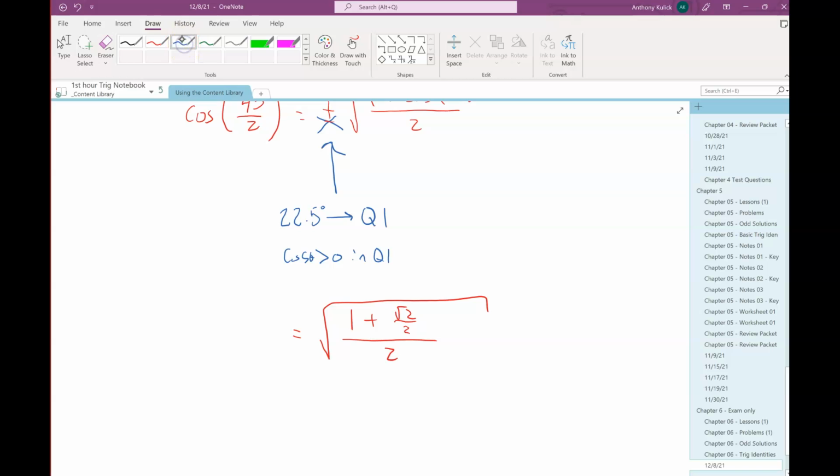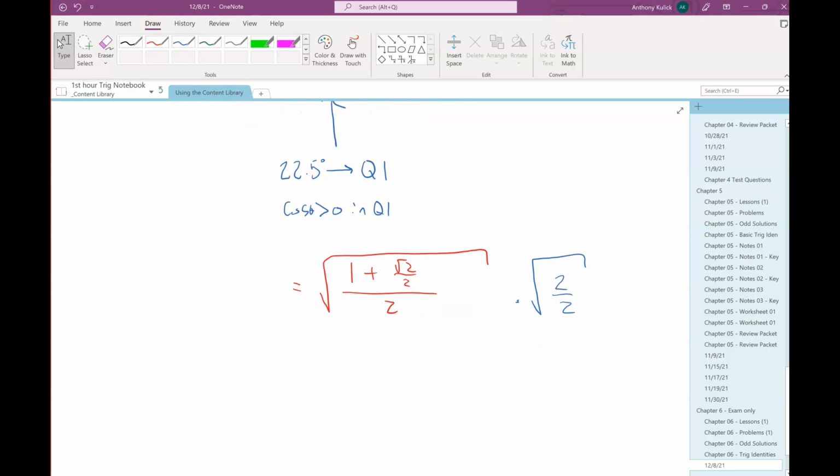The only issue I have here is the fraction inside of the fraction, right? What are we going to multiply the top and bottom of this by to get rid of that? 2 is close. It actually has to be square root of 2 over 2, because you can't multiply something inside of a square root unless it's also under a square root, right?